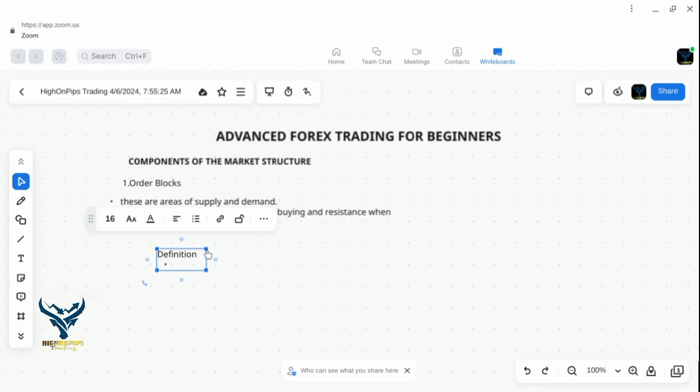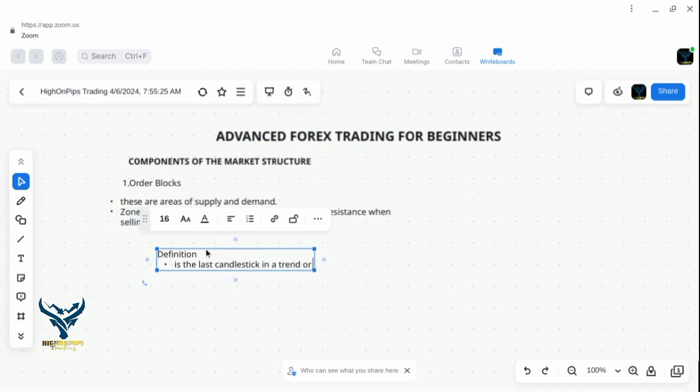So personally, an order block is the last candlestick in a trend, or an opposing candle during a trend.